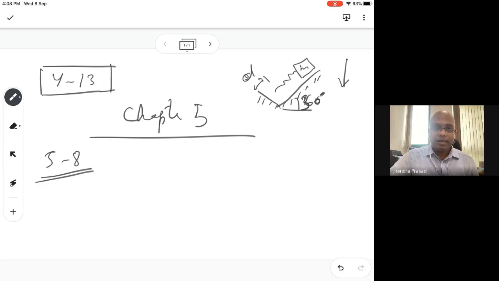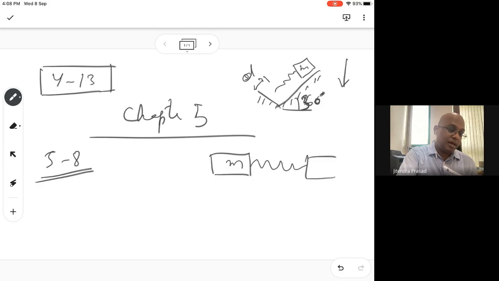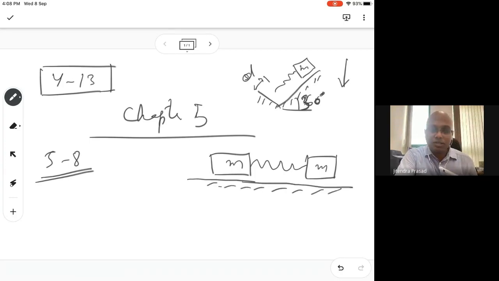Now in this problem, there are two masses, M, joined to another mass with a spring K here. Actually, those are railway coaches, but finally it comes down to two masses.